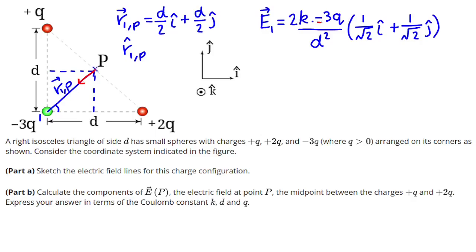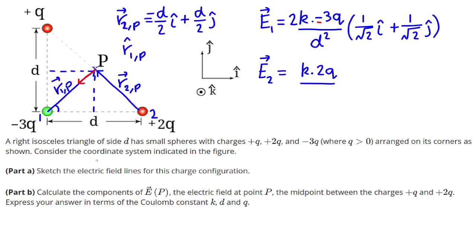And now we draw a radial vector from the second charge to point P. So this is R2P. So we have the electric field due to charge 2 is Coulomb's constant by the charge on the squared distance between a charge and a point. So in this case, R2P is going to be minus d on 2 in the x direction and plus d on 2 in the y direction.